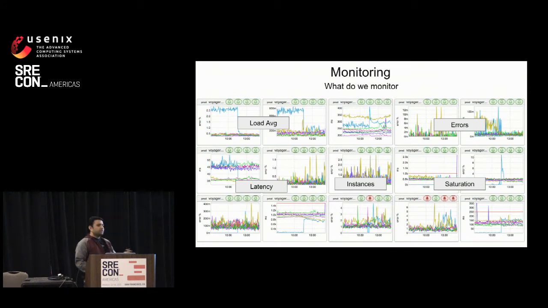For load average we look week over week and check what's happening in any sudden spike or sudden drop. For saturation we look at CPU, memory usage, network, disk IO and so on.